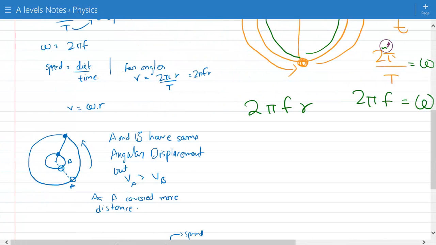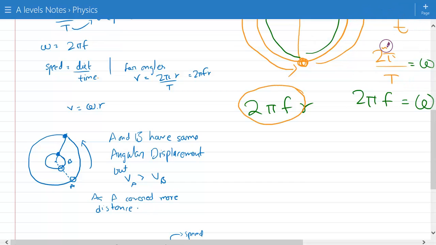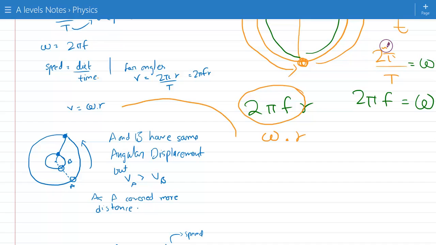So angular velocity equals 2 pi f. So what we can do is extract this part and say it as angular velocity, and the radius comes as it is. Therefore we can say that the velocity of our object, not angular, the actual velocity when the object is going around and around in circles, that can be said as angular velocity times the radius.